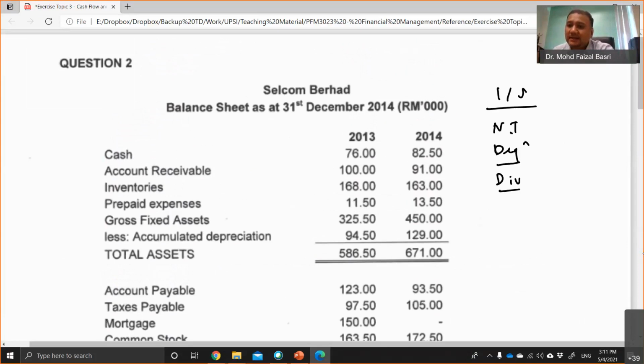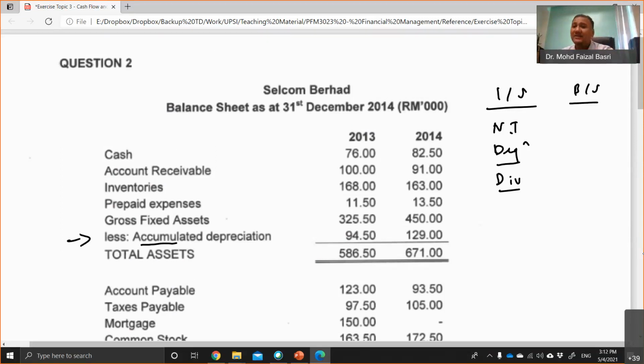For depreciation, if it's not in the income statement, you need to find it in the balance sheet. The balance sheet might give it to you here, under the fixed assets. Under the fixed assets, they give you accumulated depreciation. If it were in the income statement, we would plug it directly, just the recent one. But under the balance sheet, we cannot take this 129 because this is accumulated from the previous years.